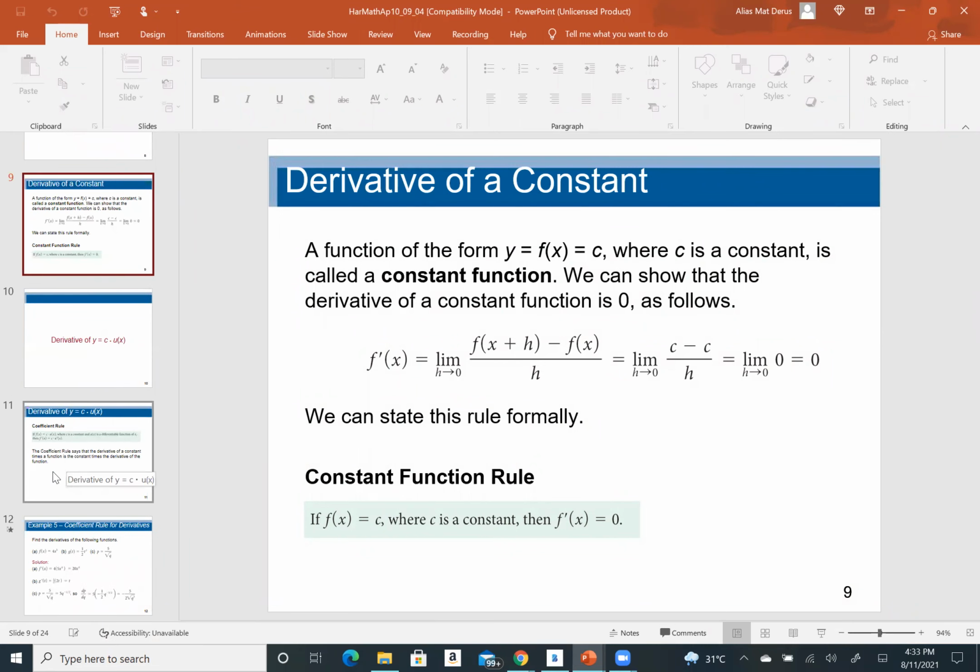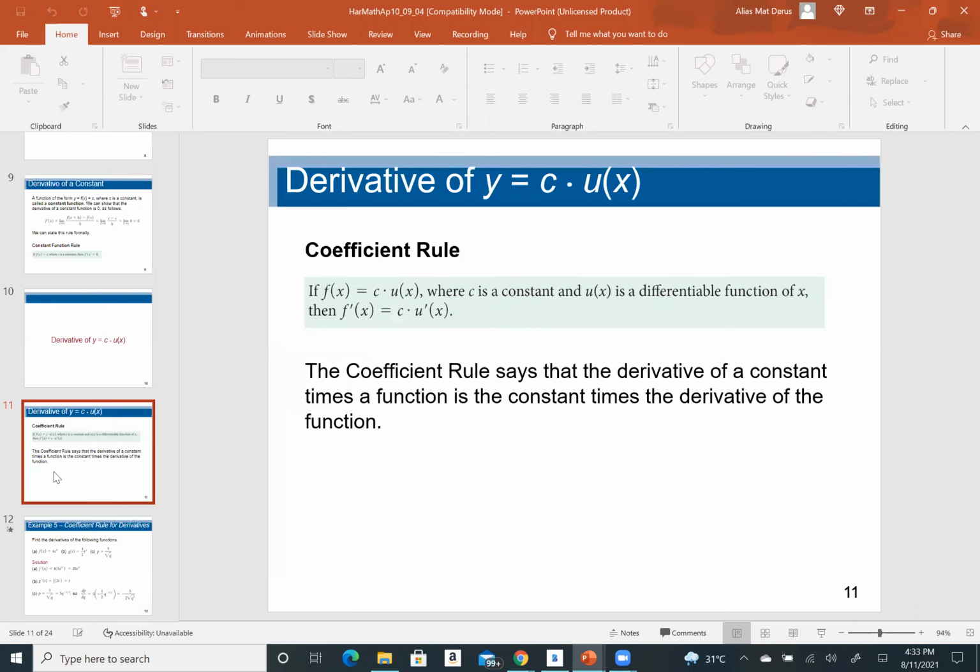Next rule is what you call the coefficient rule. For the coefficient rule, you have a function with a constant c multiplied by a function of x, some terms in x, u of x.